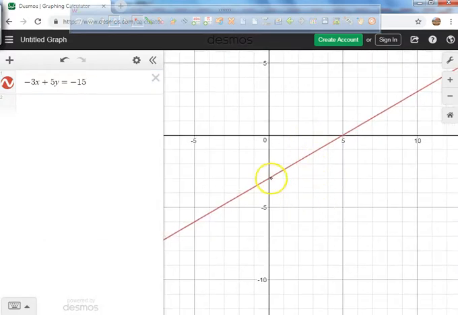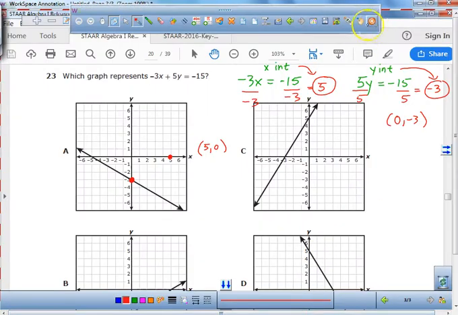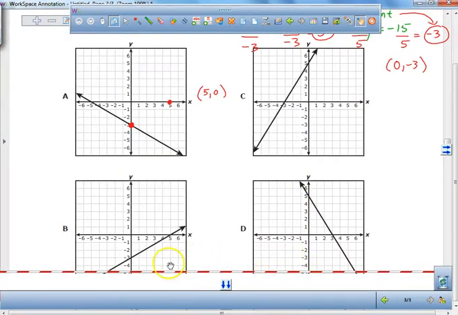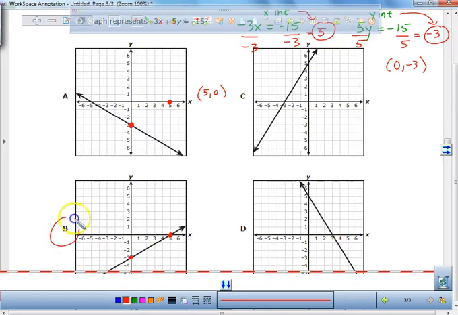So we're looking for the graph that has the y-intercept at 0, negative 3, and the x-intercept at 5, 0. That's what we are looking for. Well, it looks like, obviously, this is the only line that has an x-intercept at 5 and a y-intercept at negative 3. So B is right.